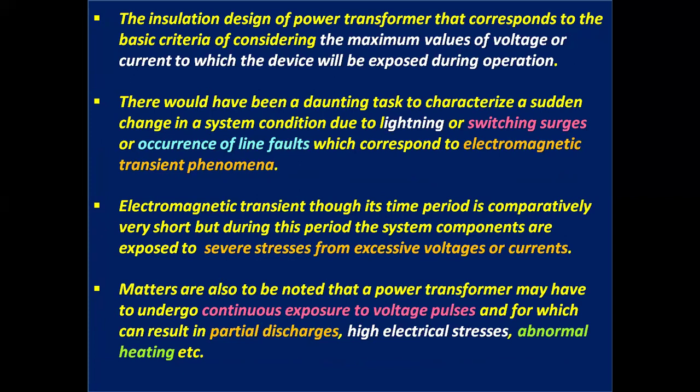The insulation design of a power transformer corresponds to the basic criteria of considering the maximum values of voltage or current to which the device will be exposed during operation. It is a daunting task to characterize a sudden change in system condition due to lightning or switching surges or occurrence of line faults, which corresponds to electromagnetic transient phenomena.